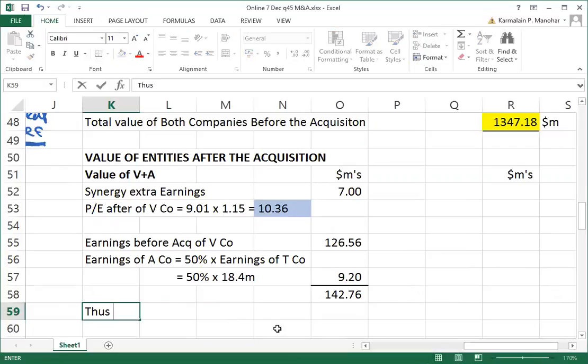Thus, P is equal to the PE times E. In other words, value of V and A equals 10.36 times 142.76 million dollars.